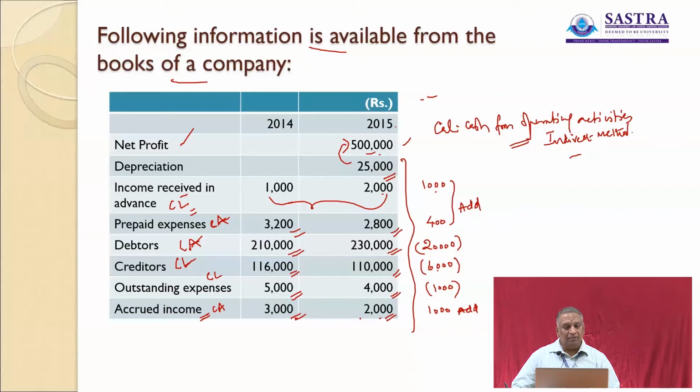Decrease in current liability means decrease in cash. Increase in current asset means decrease in cash. Decrease in current asset means increase in cash. Decrease in your prepaid expenses means we'll have more cash in hand. So, after adding depreciation, if you adjust all these aspects, you will get the cash from operating activities.